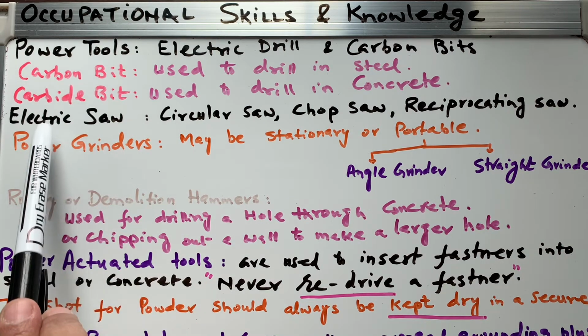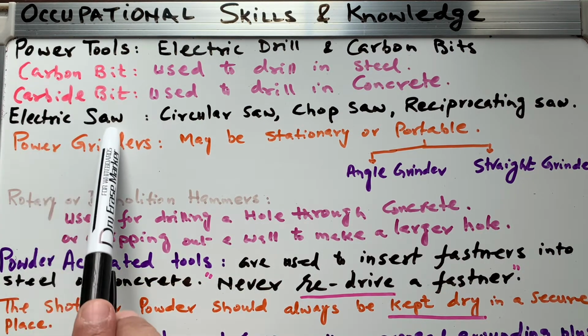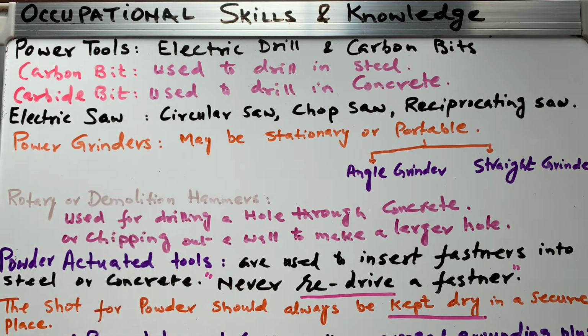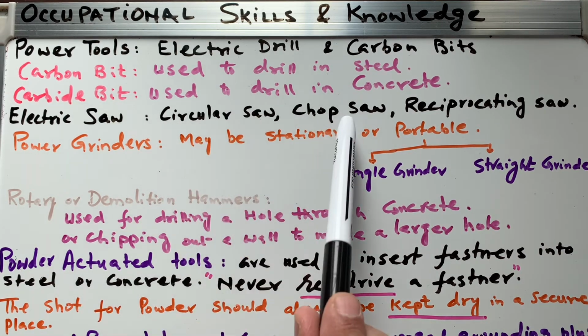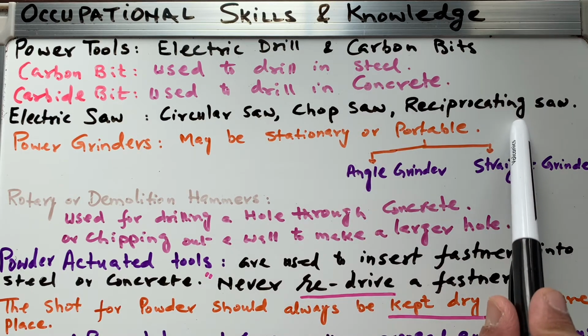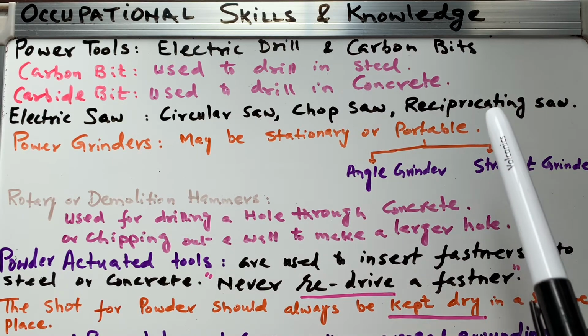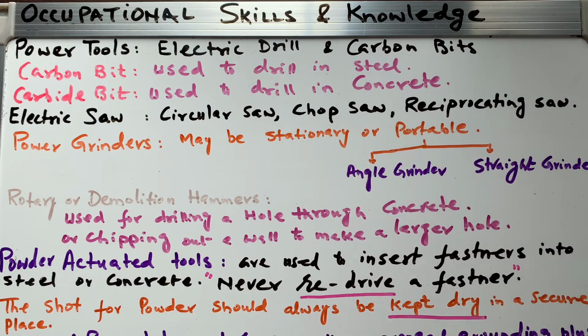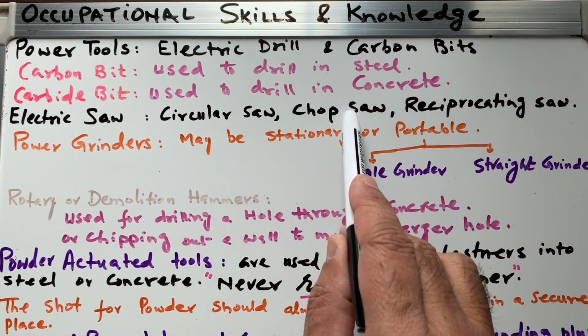Then the second power tool is the electric saw. Electric saws can be of different kinds, like I put here: circular saw, chop saw, and reciprocating saw, right? Heavy duty circular saws are used to cut wood. Sometimes this comes in the exam, right? Chop saws are used to cut steel.